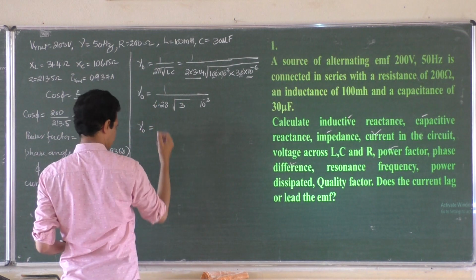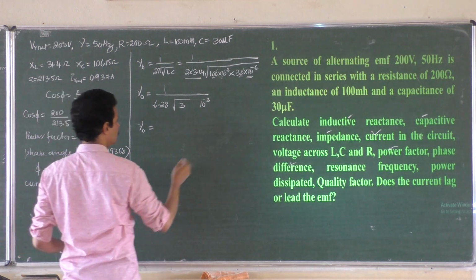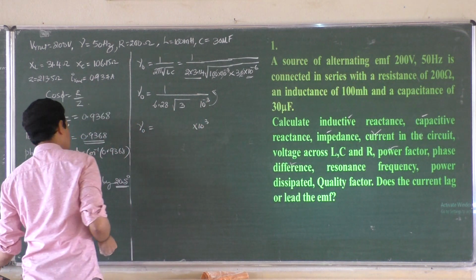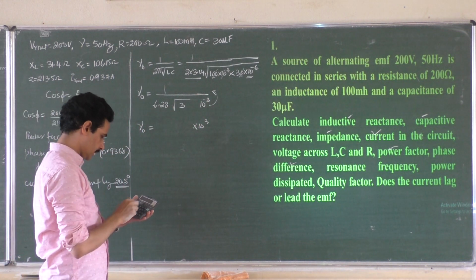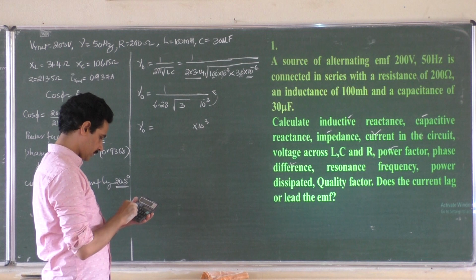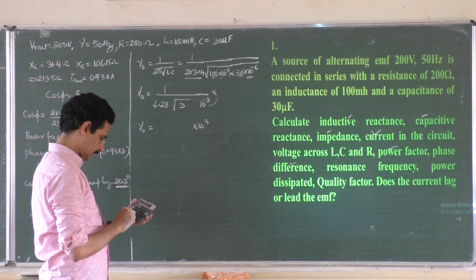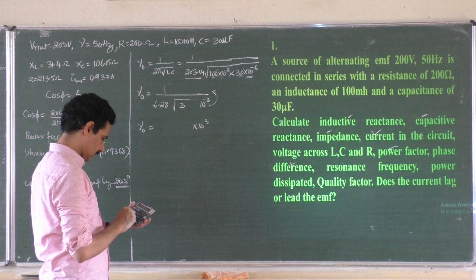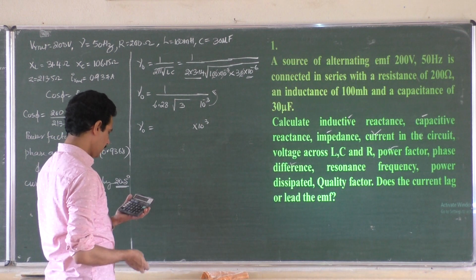Nu naught is equal to, into 10 to the power 3, right? This comes to the numerator, and the rest of the things 1 by 6.28. 1 divided by 6.28, divided by 1.732, because square root of 3 is 1.732.